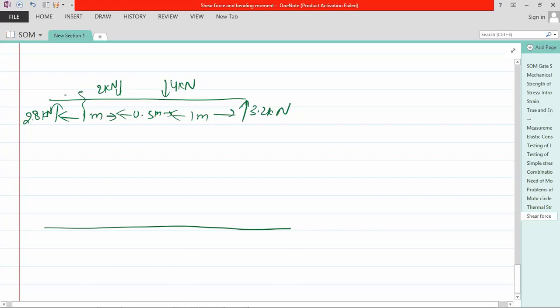So for this point, the moment is 2.8 into x. So it will increase like this up to 2 kilonewton.